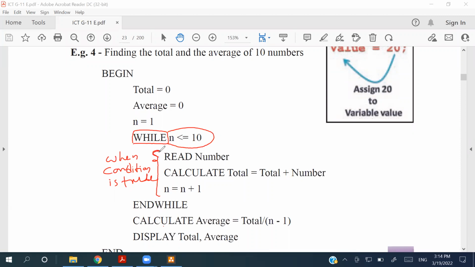Right. So if the condition is true, you are going to do these things. If the condition is false, it's going to reach end while. And always remember, at the very last line of the iteration steps, it goes back and checks whether the condition is true or false.